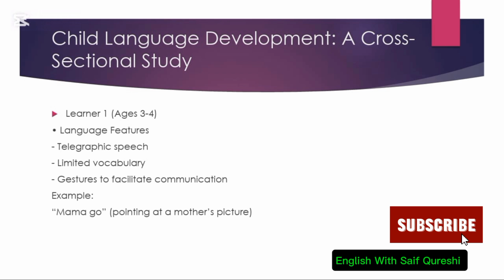These types of learners use telegraphic speech, limited vocabulary, and gestures to facilitate communication. For example, a child of 3 to 4 years of age utters a sentence while pointing at a mother's picture: mama, go.